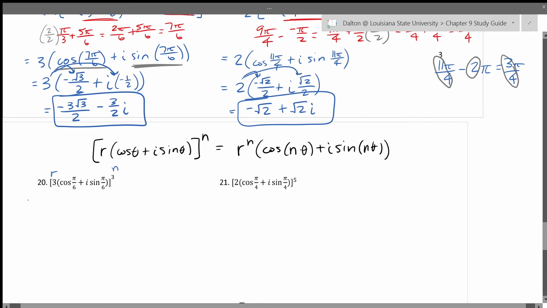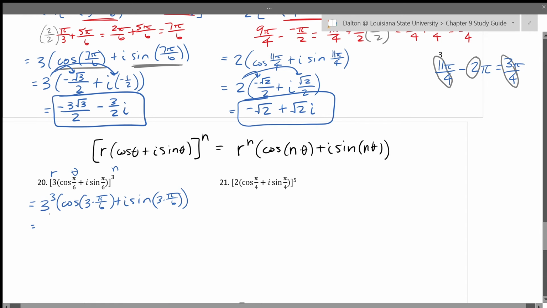So this is going to equal r to the n power, which is 3 to the third power, open parentheses, times the cosine of n times theta. So I'm going to say, okay, pi over 6 is theta, n is going to be 3 times pi over 6, plus i times the sine of n times theta, which will be, again, 3 times pi over 6. And then we just need to simplify this.